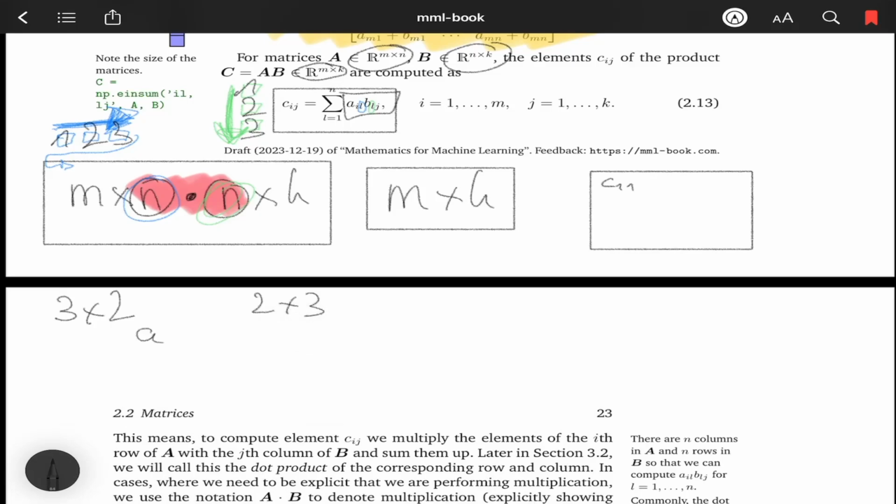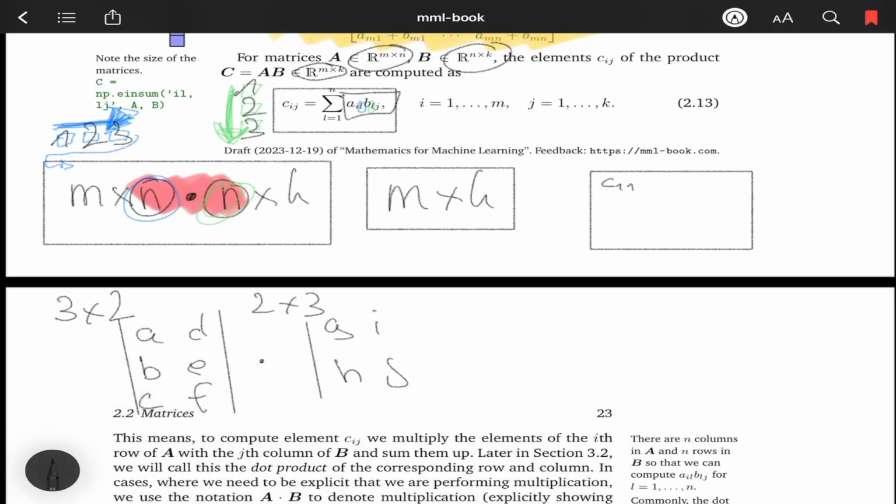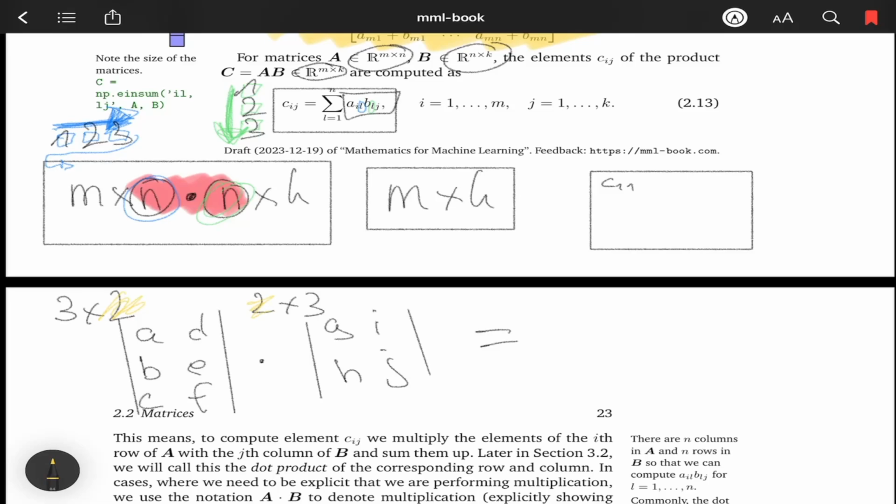So A, B, C, D, E, F. This is our first matrix. Then we go down again. G, H, J, no, first I, right? I, H. So we know that our n is this time 2.